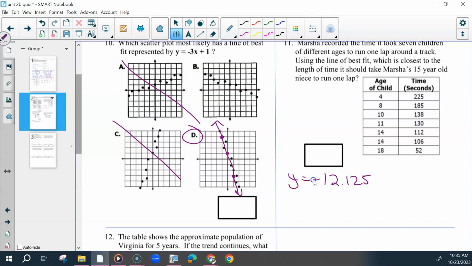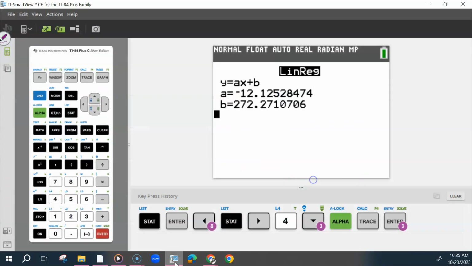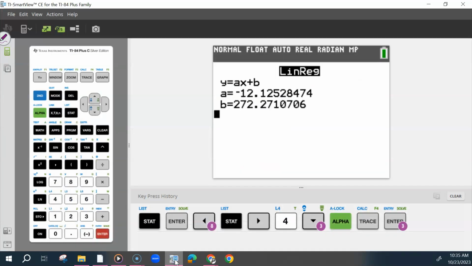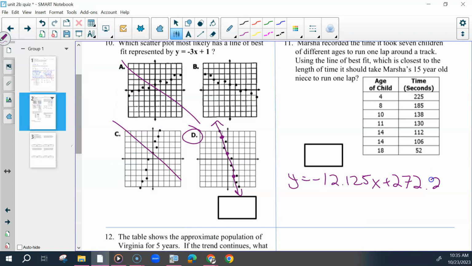Some of you only put down 2 decimals, and I accepted that. So somewhere on there, write your line of best fit. That way, if you get the wrong answer, I can double check. Is it your equation? Is it something else?